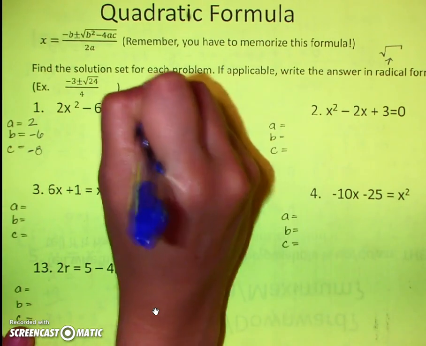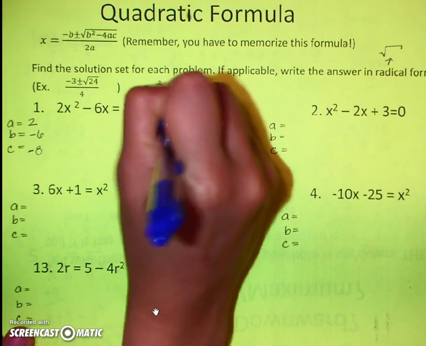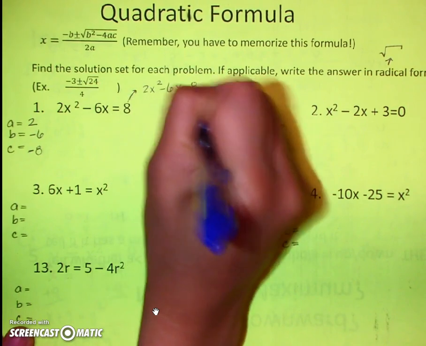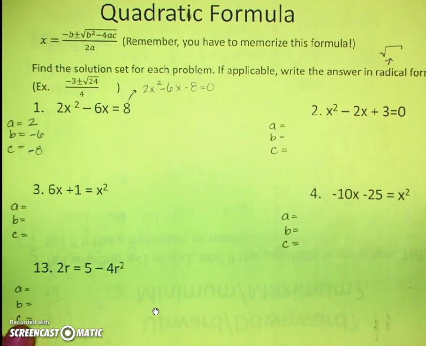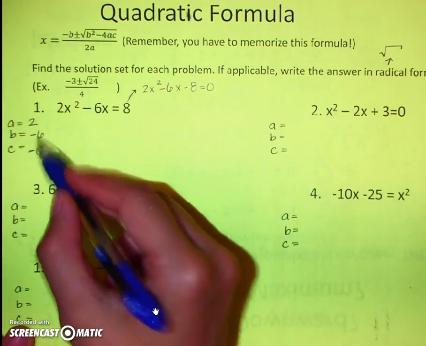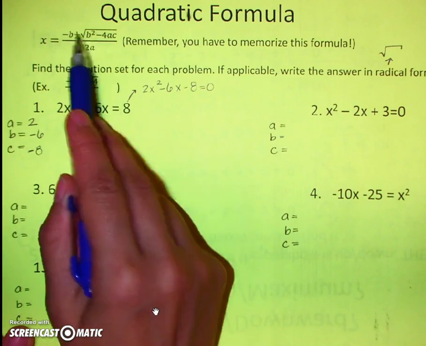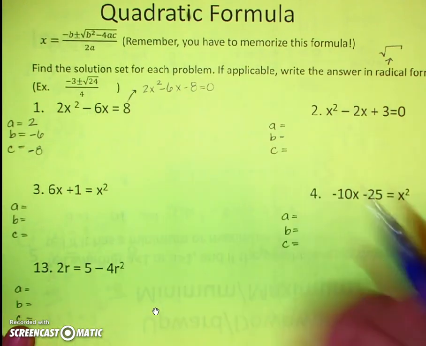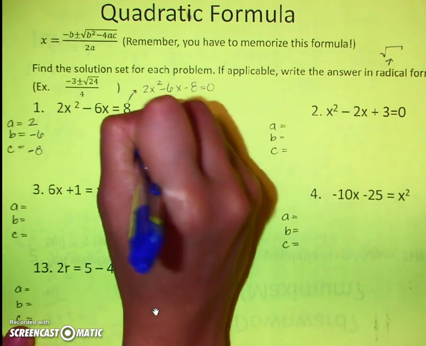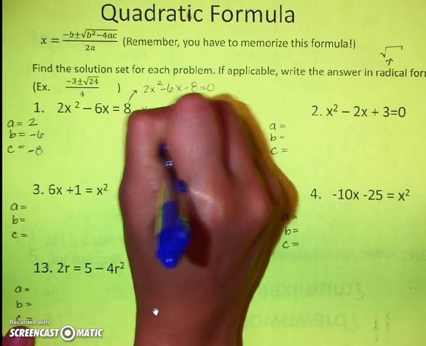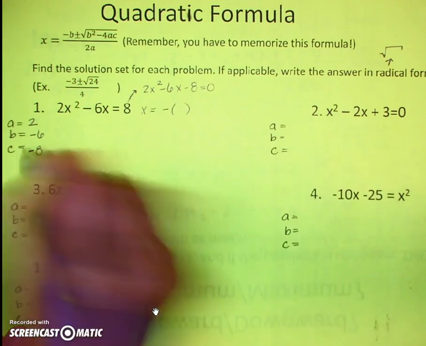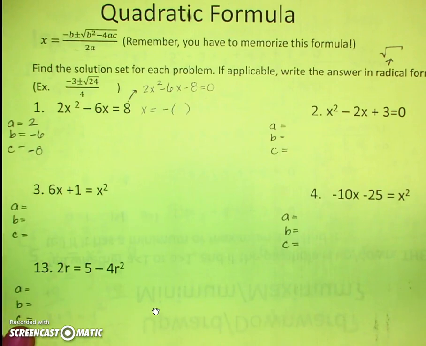That's right, you have to rewrite this function in standard form, and in order to do that, you had to subtract 8 from both sides. Now that I know what my A, B, and C are, I'm going to plug them into the formula. So you really have x equals negative b. What is the value of b? -6.